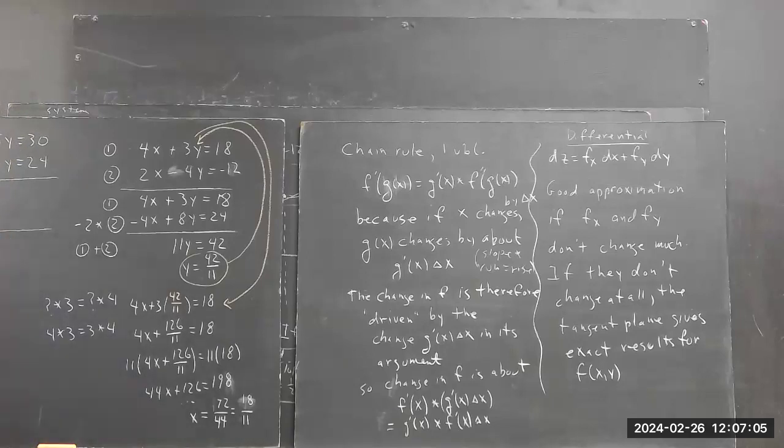So you can always do that. You can always multiply one equation by the coefficient of x from the second equation, and the second equation by the coefficient of x from the first equation, and you get the same number.